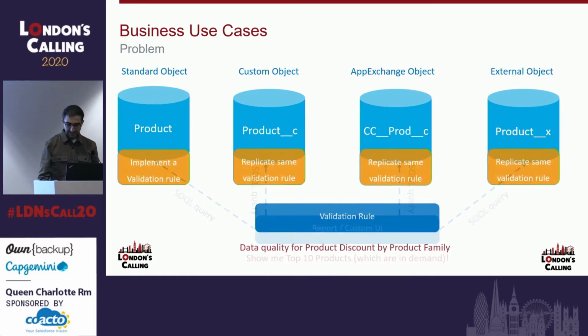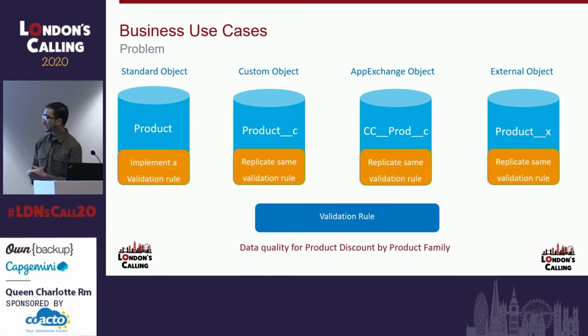Now let's take another use case where, again, we have four different objects: standard, custom, AppExchange, and external objects. They are logically similar objects, and we want to implement a validation rule. We have a requirement to implement a validation rule on the standard product object.